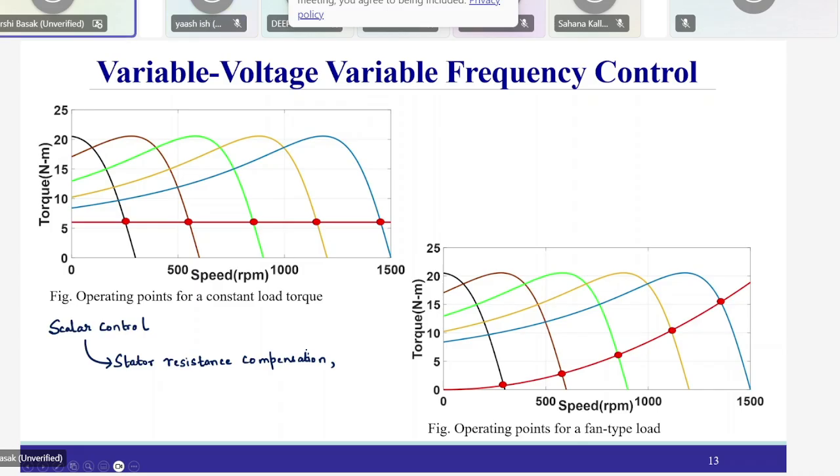You have to compensate for this voltage drop, and in scalar control, it is done on an ad hoc basis.